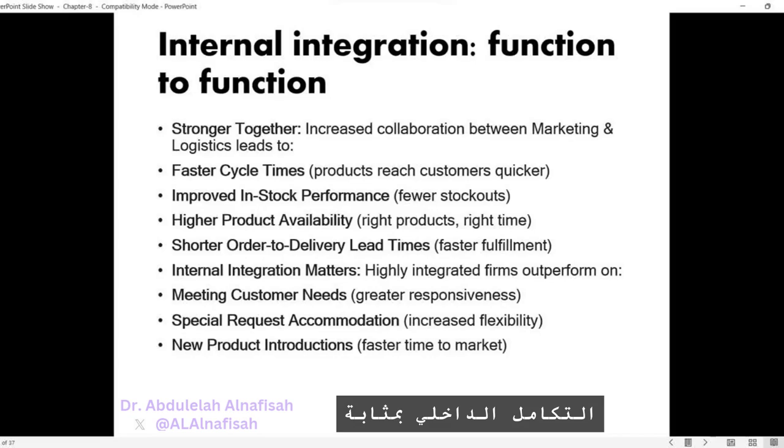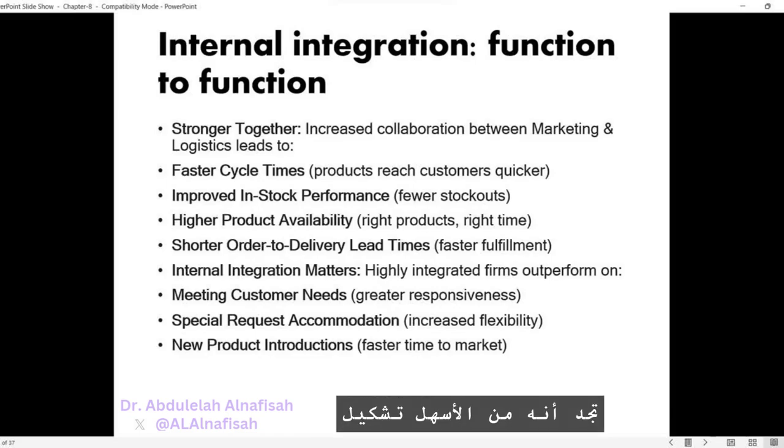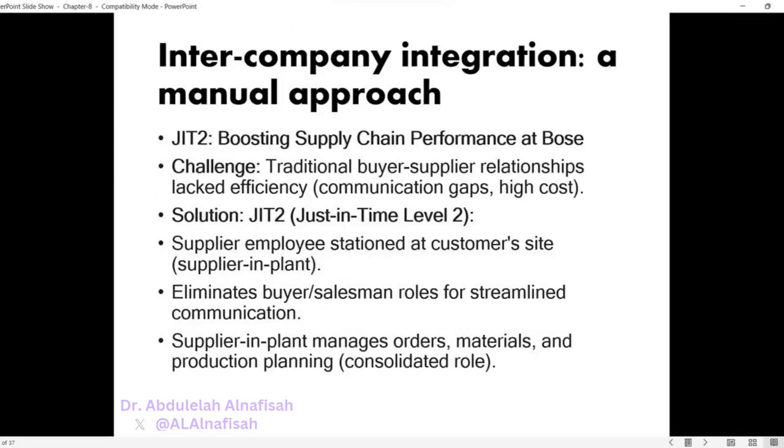Internal integration serves as a starting point for broader integration across the supply chain. It is important to address internal integration before attempting external integration, as professionals sometimes find it easier to form alliances with competitors than with divisions within their own companies.